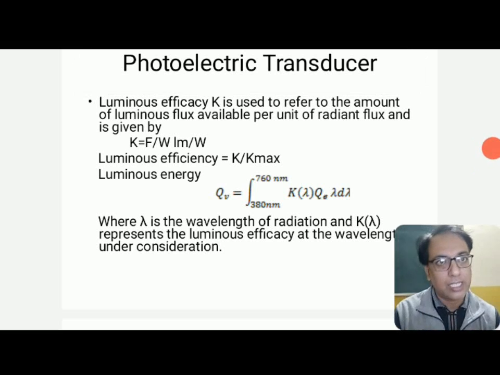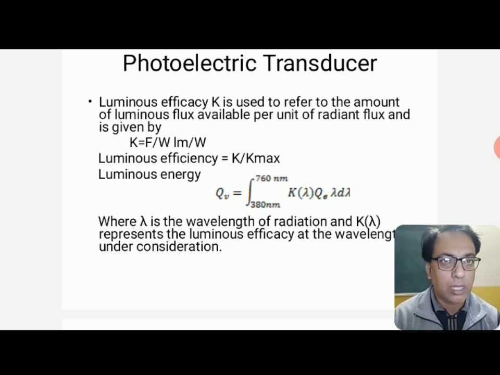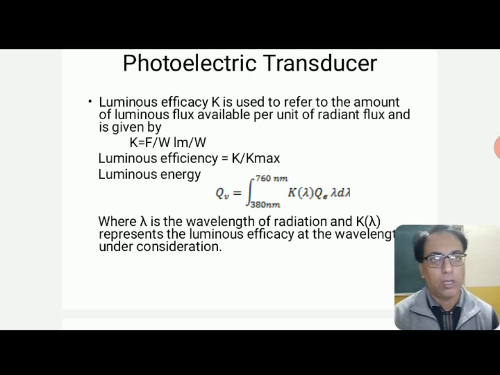Now luminous energy for visible radiation is given by integration from 380 nanometer to 760 nanometer of K lambda QE lambda d lambda, where lambda is the wavelength of the radiation and K lambda represents the luminous efficacy at the wavelength under consideration. This is another way of finding luminous energy.